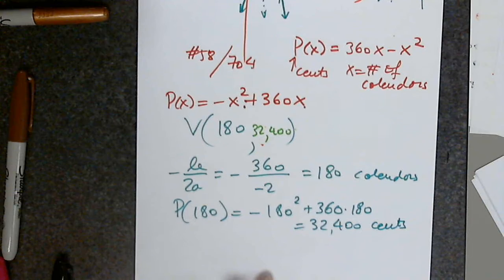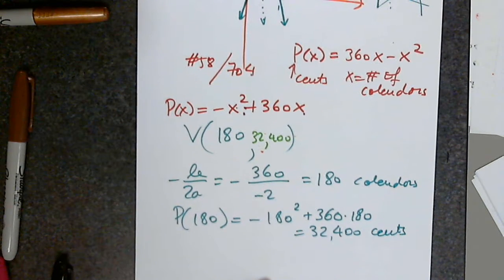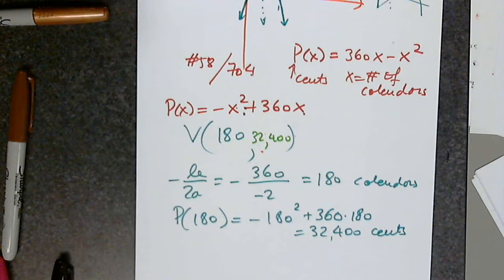Any questions? Did I do something wrong? Okay, you're not convinced? Let's see. So negative 180 squared plus 180 times 360.